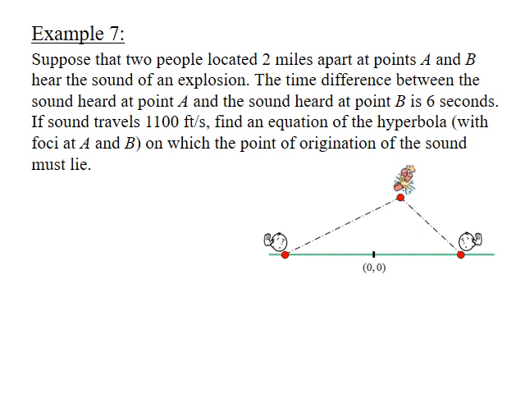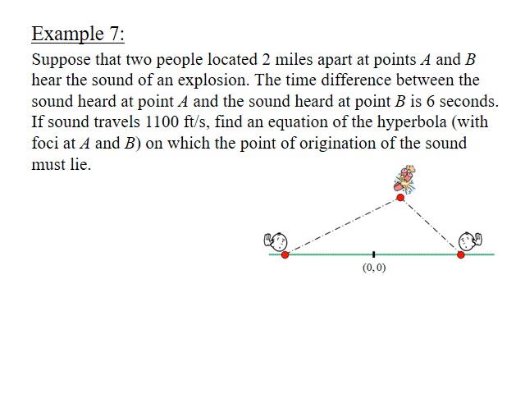Here is an example of an application involving hyperbolas. You may want to pause this, read through it a couple times, and analyze what's going on here. Basically, we have this firework going off, and these two people are a certain distance from the firework.